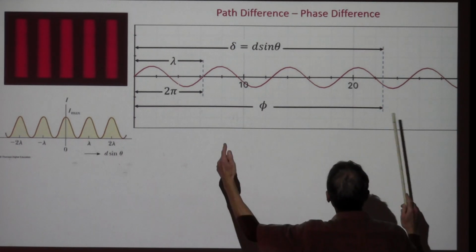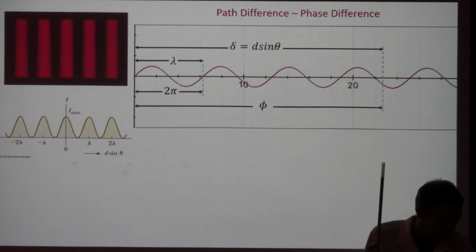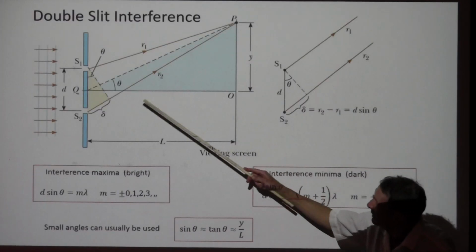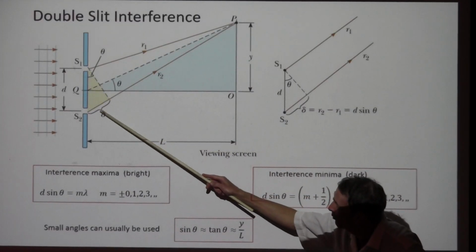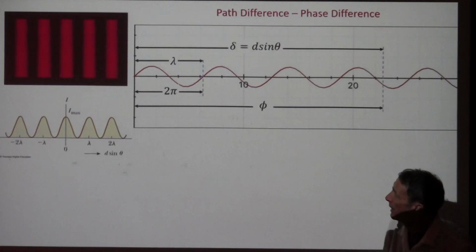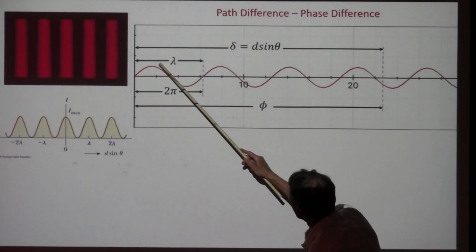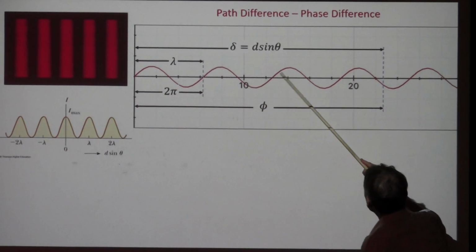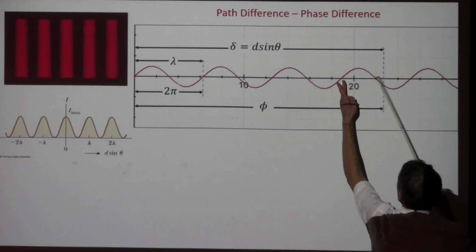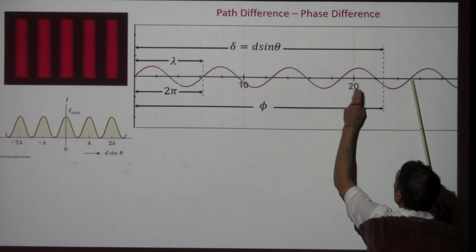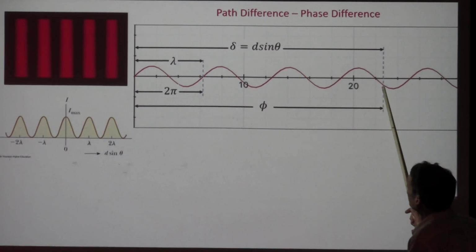Then if you think about that path difference, how many waves have I got? Let's say I've got a whole number plus a fraction. Let's say I've got 1, 2, 3, and not quite 4.